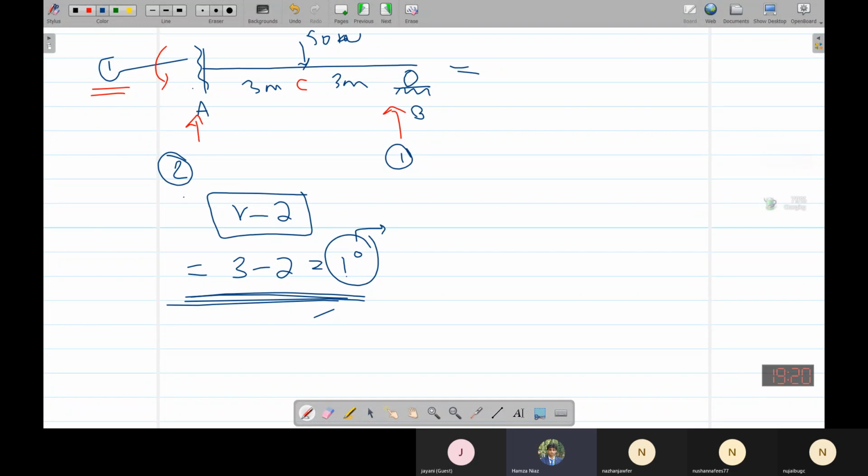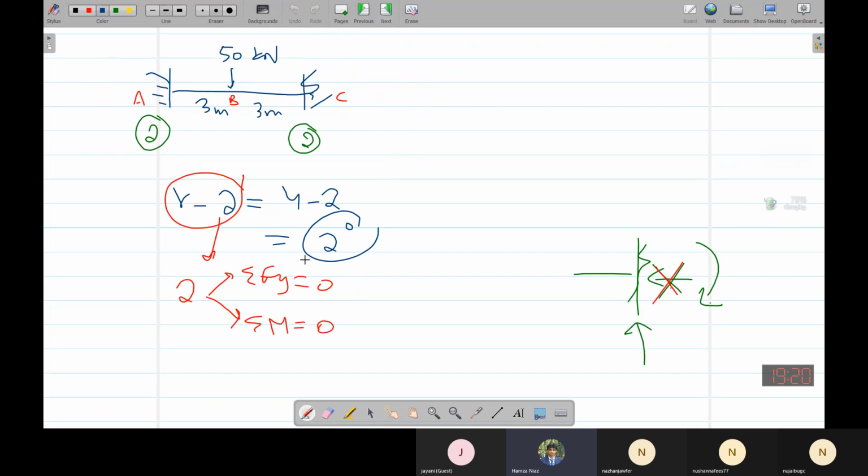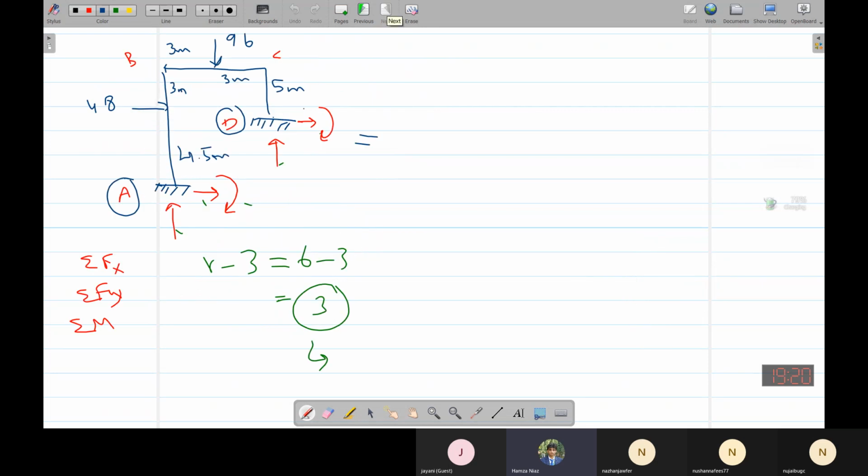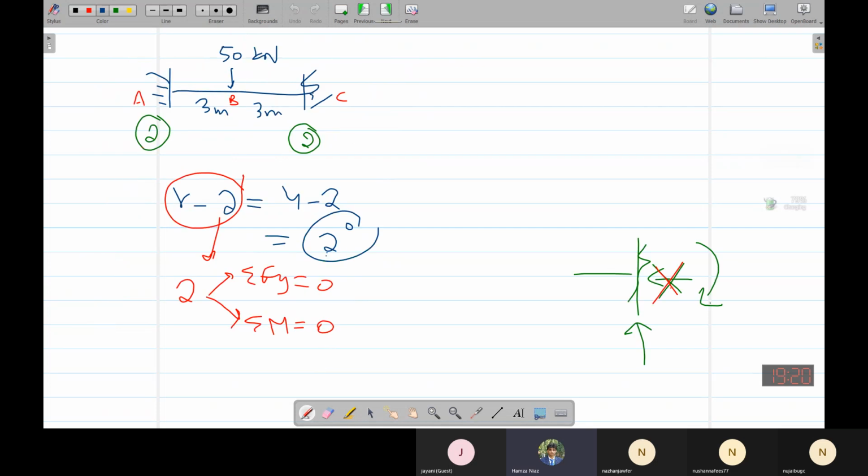Basically, this degree of indeterminacy tells us how many directions we have to remove. In this case, as it is 1, we are going to remove 1 direction. In this case, we are going to remove 2 directions, and in the frame case, we are going to remove 3 directions. That is why we have calculated this degree of indeterminacy.